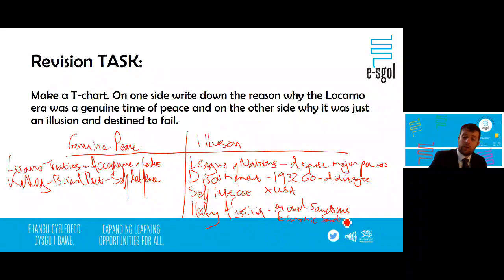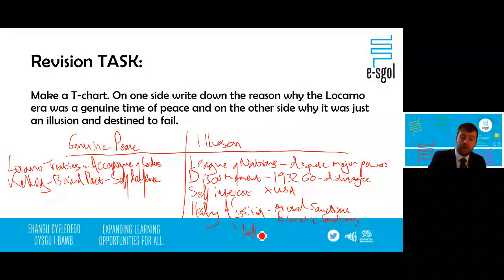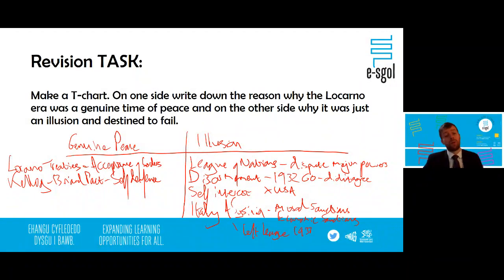Now, economic sanctions were a bit harder hitting than moral sanctions, but ultimately it didn't see America stopping trade with Italy. It didn't see Italian economy suffering too badly. And ultimately what they did, quite frankly, in the end, is they left the League in 1938 anyway. And so they could no longer apply these to them.